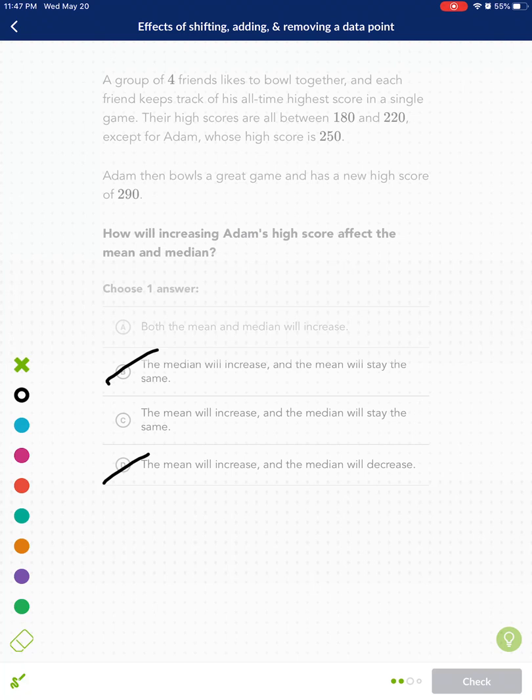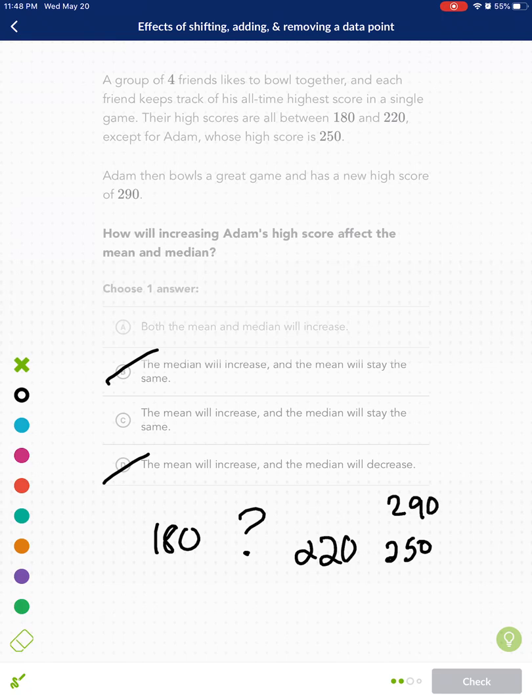So we've got to do some figuring here. The high scores are between 180 and 220, so we have 180, 220, and something in between there, right? And then we've got 250 here, or it's going to increase to 290, right?